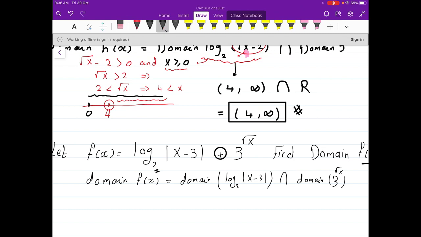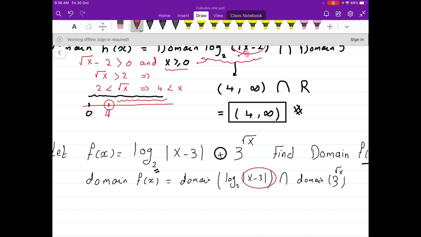Now, how do we find the domain for log of the absolute value of x minus 3 for the base 2? To find the domain, the inside of the log must be positive. The inside of the log is always positive since you have the absolute value, so the domain is R except 3. Why except 3?